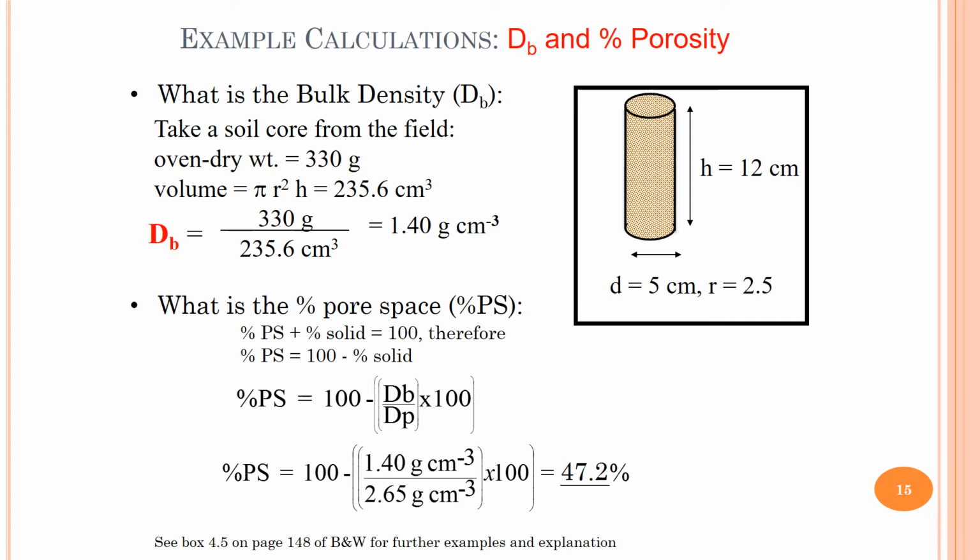To calculate the pore space for this sample, we basically take the bulk density and plug it in right here, and we divide it by particle density. Now remember, particle density is 2.65 grams per centimeter cubed. That's our constant. So if you take 1.4 divided by 2.65, multiply it by 100.